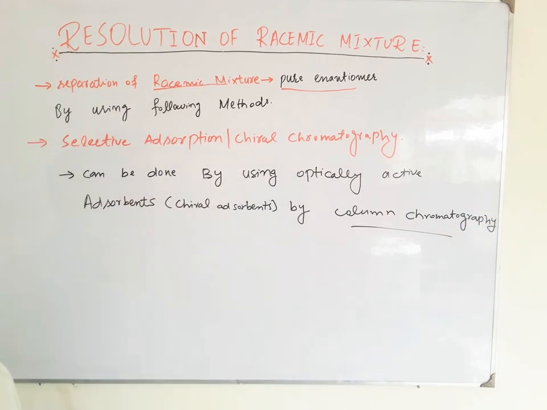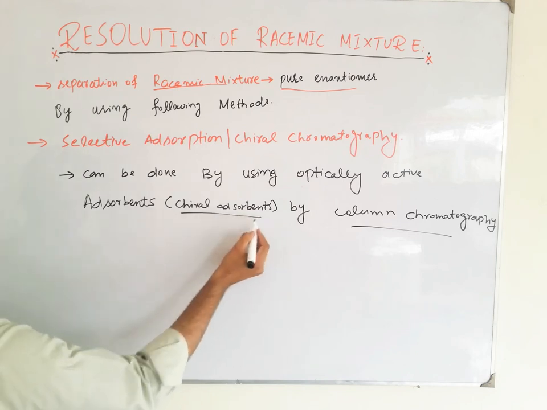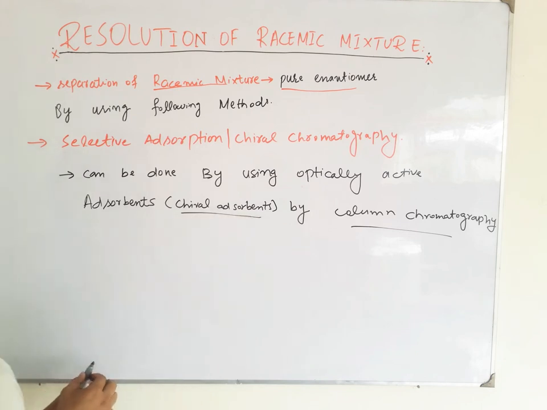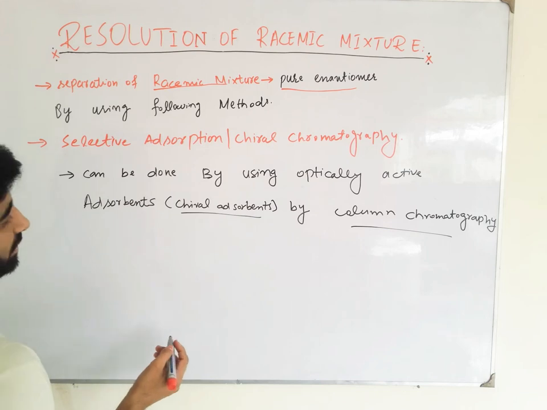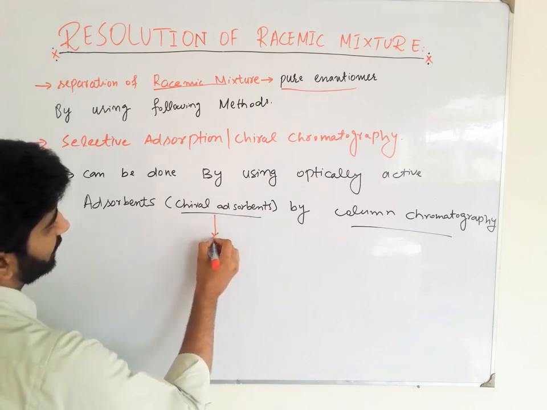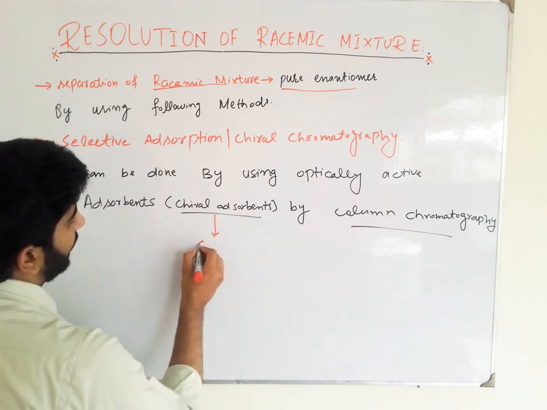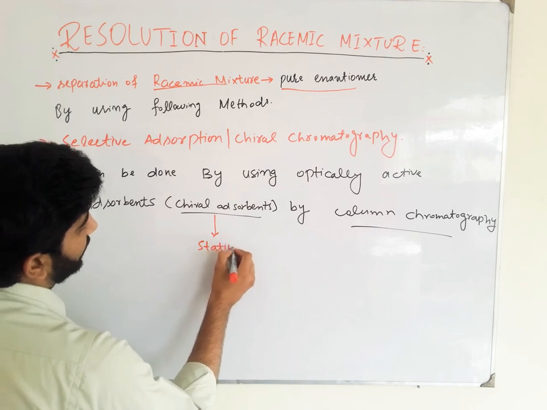In the selective adsorption method, we use chiral adsorbents for the separation of the racemic mixture into optically active pure enantiomers, and these chiral adsorbents act as a stationary phase.